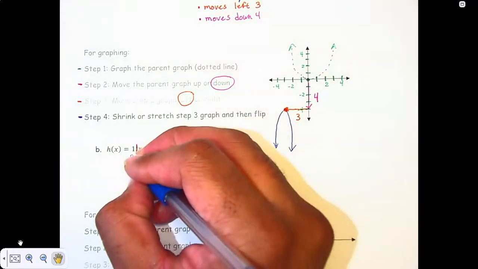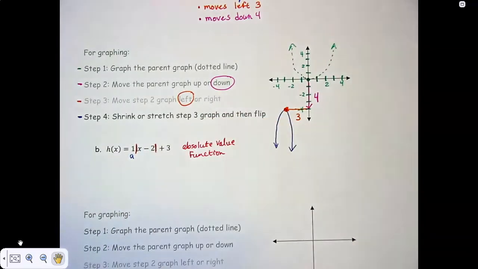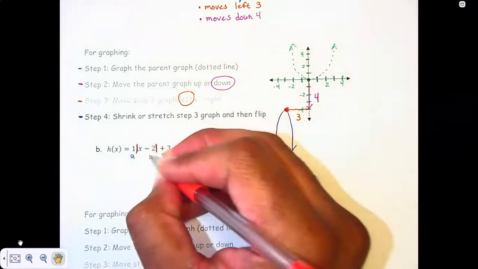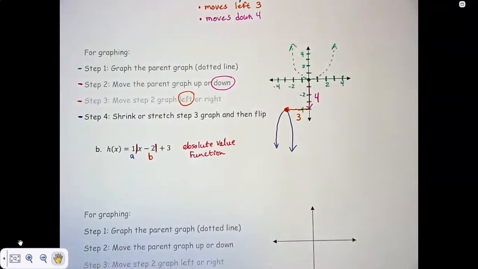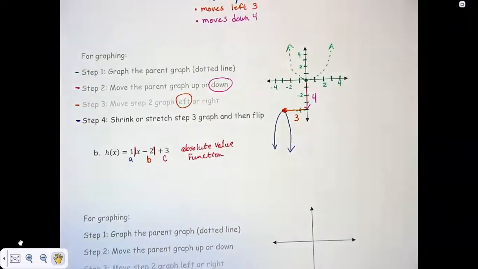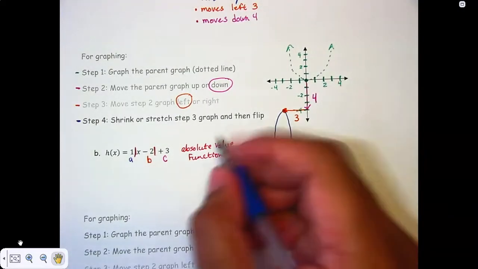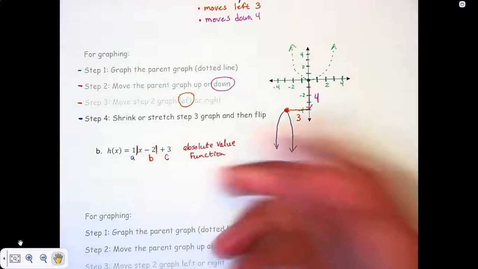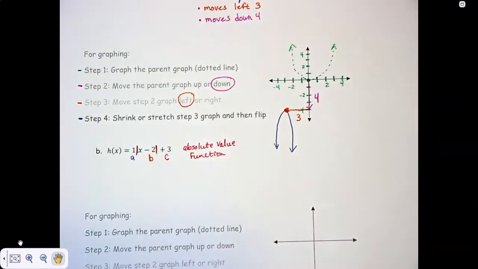But we have A right here, we have B right here, and we have C right here. So it means we're going to have 3 different transformations happening here. So for A, there's no shrink or expand because it's just A. So we don't have to worry about that part.